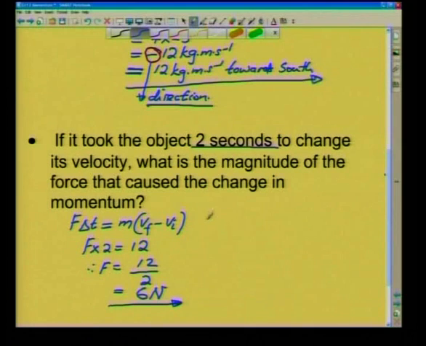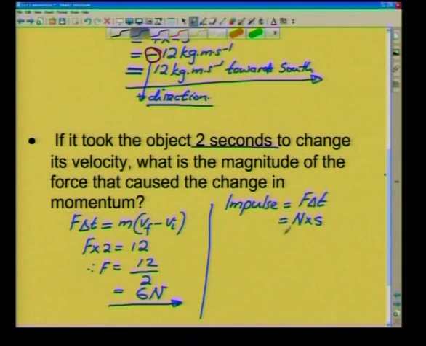Now, another thing that we can quickly see here as we look at this problem is that we are saying that this change in momentum, this impulse, is F delta t. Now, if impulse is F delta t, force is measured in newtons, time is measured in seconds.